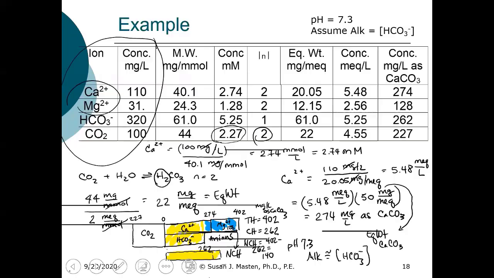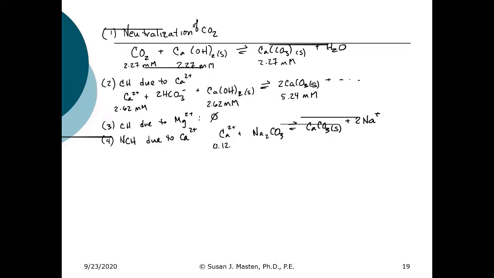Let's go back and look at the bar chart. How much non-carbonate hardness due to calcium do I have? Exactly, 12. It's the difference between the 274 and the 262. It's only this portion right here. 0.12 millimolar. I need 0.12 millimolar of soda ash, and I produce 0.12 millimolar of calcium carbonate.